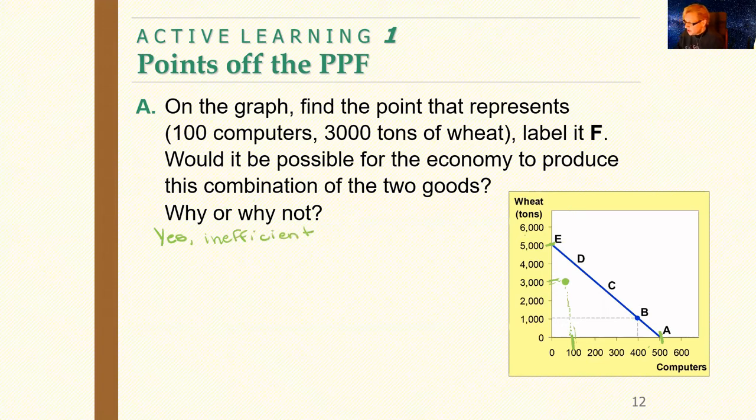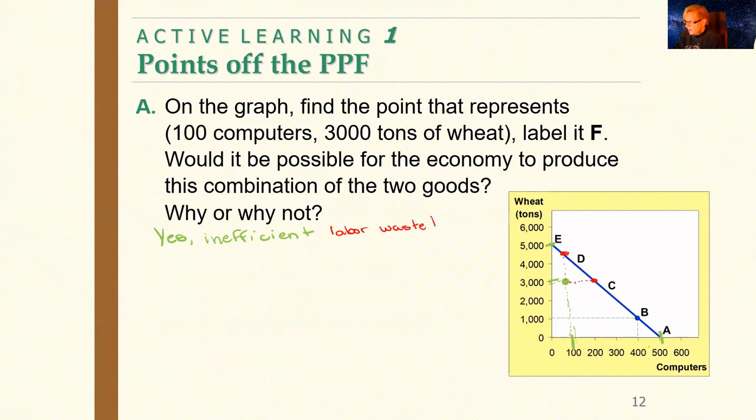If we look at the point of 3,000 wheat, I could be producing 200 computers, so I could be here. Or at 100 computers, I could come up here and produce 4,500 tons. So it's inefficient because we have labor being wasted.